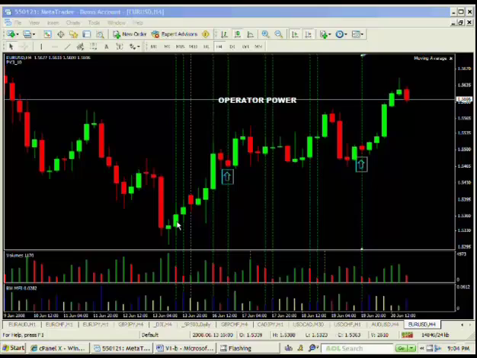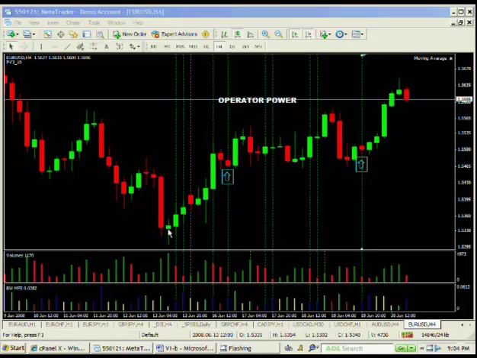And usually when the operators come in, they will take price from resistance level to support level, or from support level to resistance level. So they actually provide the fuel at the bottom or the top. They provide the fuel at the bottom to take it up to the next top, or they provide the fuel at the top to bring price down to the next bottom.